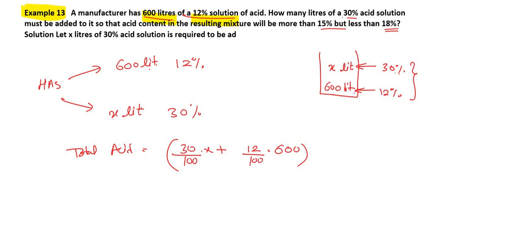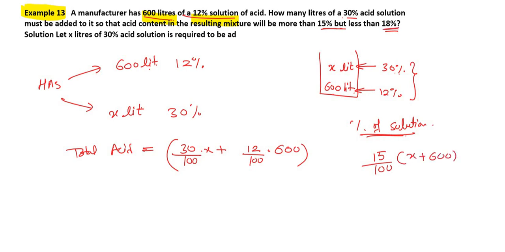Okay, so this is the total acid, but the percentage they are saying should be more than 15% but less than 18%. The total percentage of acid will be 15% of x plus 600, correct?